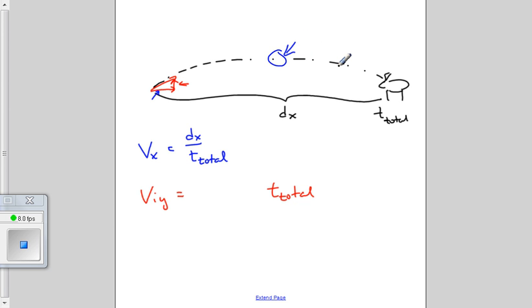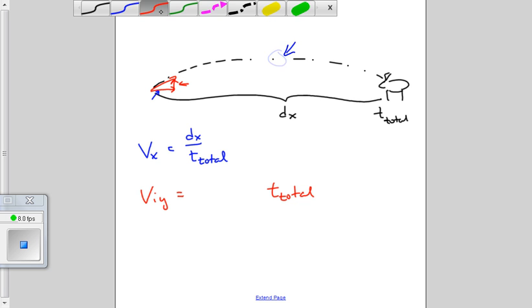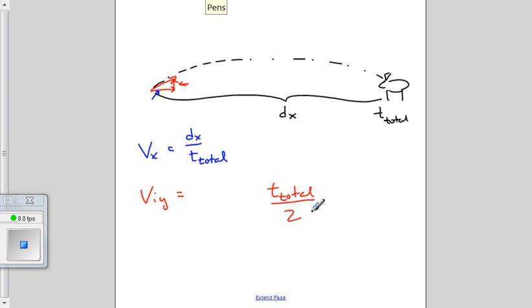Well, luckily we can find the t there also. The t to the top would simply be t total divided by 2. So we've got t to the top available to us now, and conveniently, since t to the top comes at the spot where the object is going to stop moving up and start moving down, we also now know that Vfy at that time is 0.